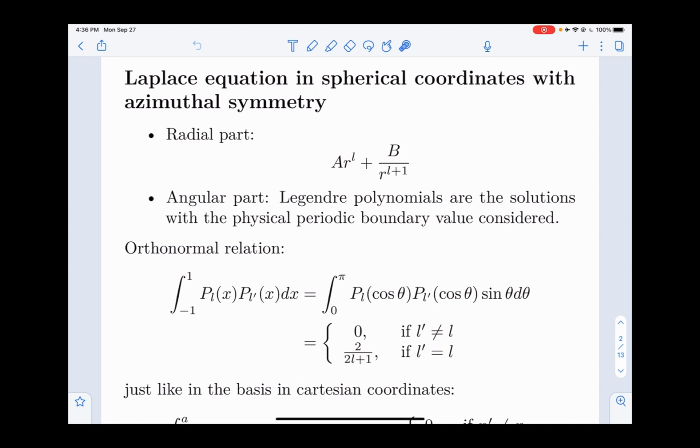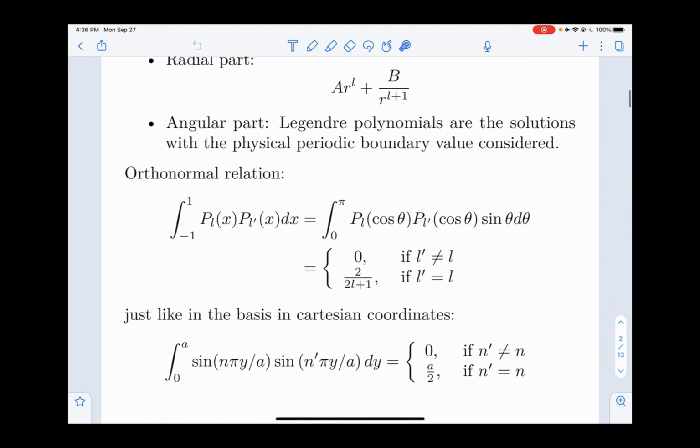These are similar to the Fourier sine series that you have seen before. For the Fourier sine series in Cartesian coordinates, if you do an integral of any of these two, for any of the indices n and n prime, it has a very nice relation.